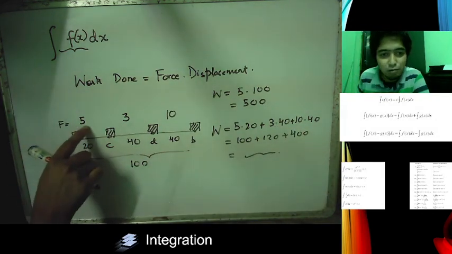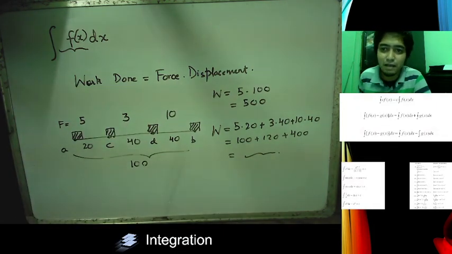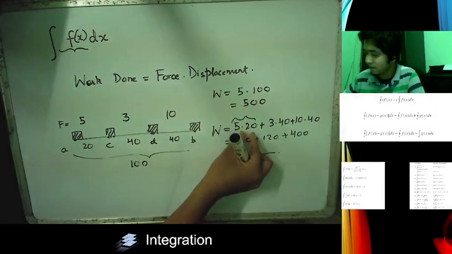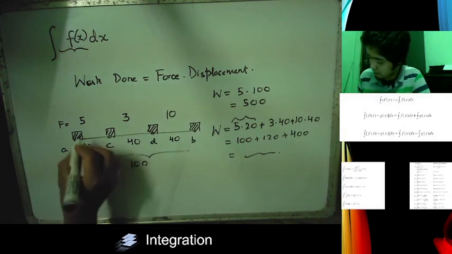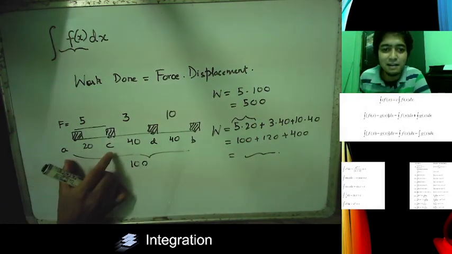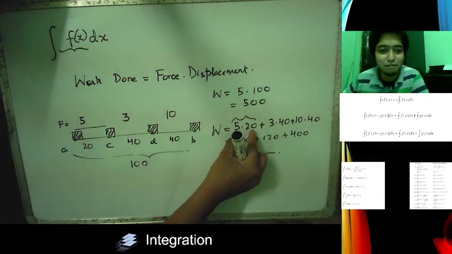The force is no longer constant. It is changing from 5 to 3 to 10. But we are still employing this formula, 5 times 20, because the force from A to C is constant. It does not change from A to C. That is why we can use that formula.